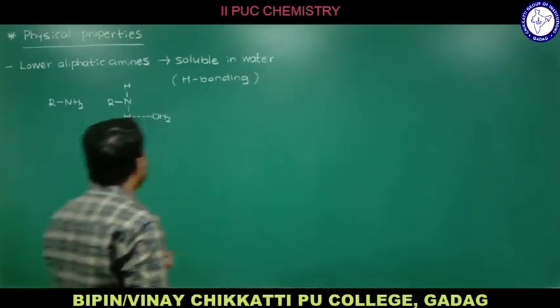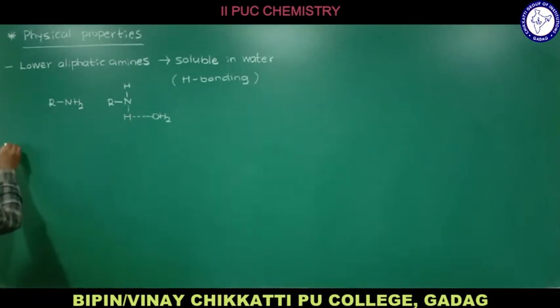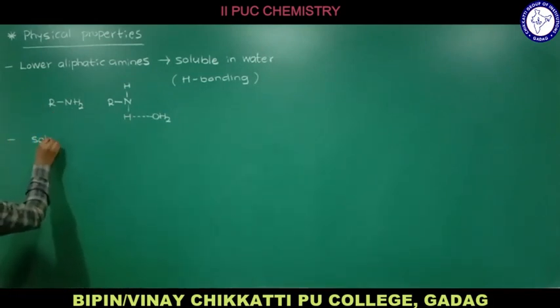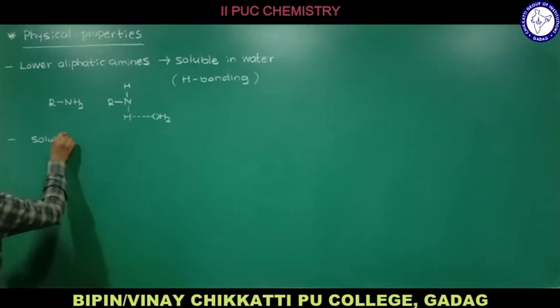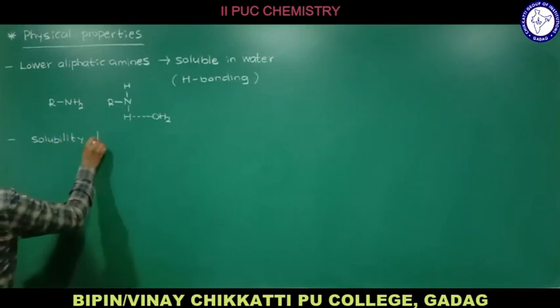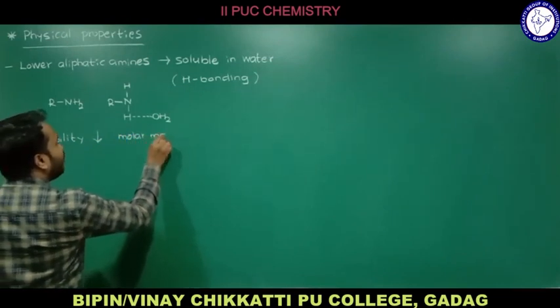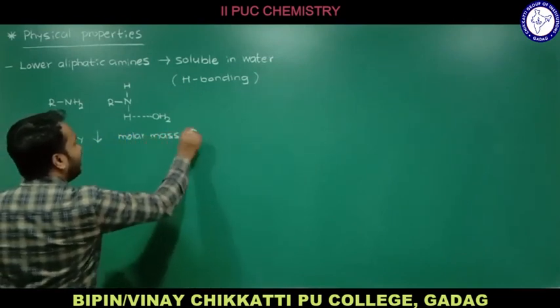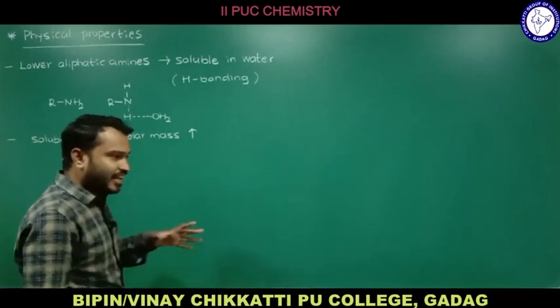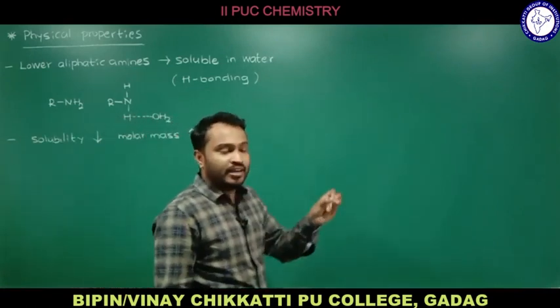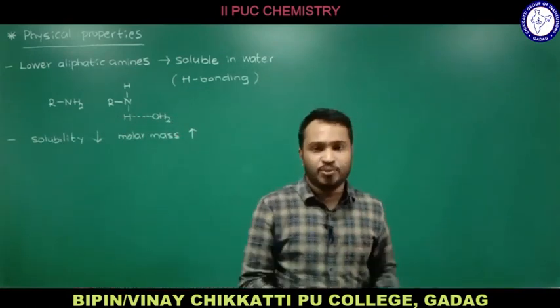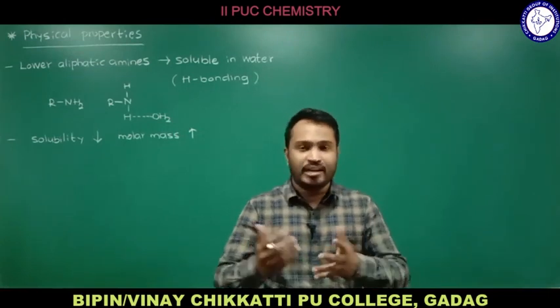Now if you consider the solubility of primary amines, the solubility decreases when you increase the molar mass of primary aliphatic amines. I can say the alkyl group is replaced by bulkier groups, ethyl group, propyl group, butyl group, like that.